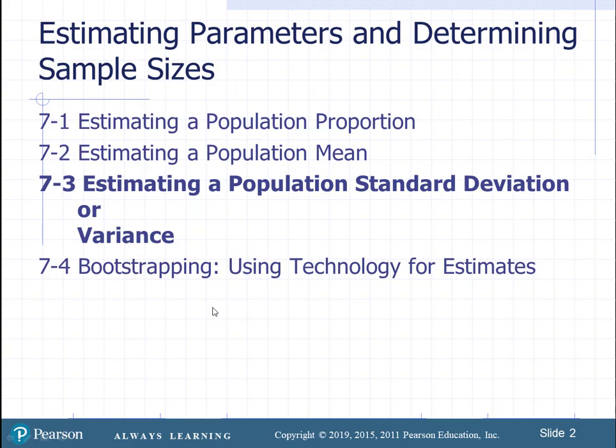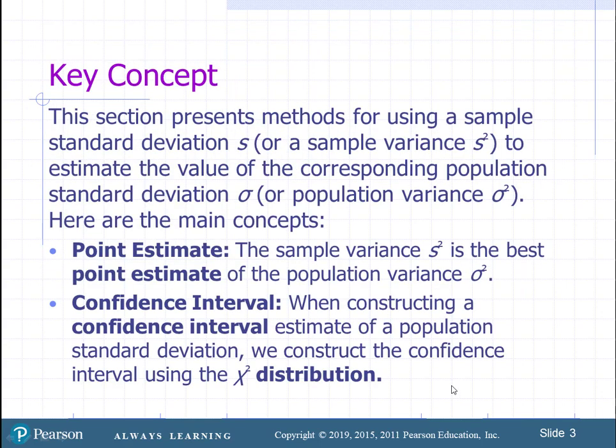So let's continue. What we're going to do is the same thing that we've done with the population proportion and the population mean. We're going to come up with a point estimate, and the sample variance is the best point estimate of the population variance.